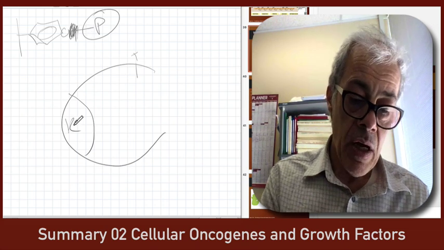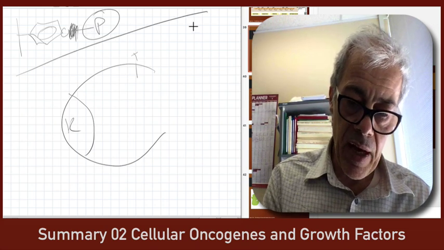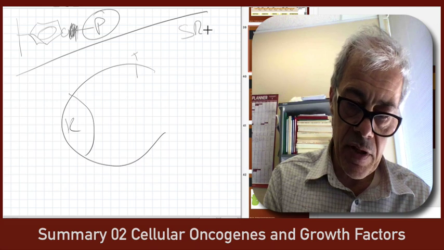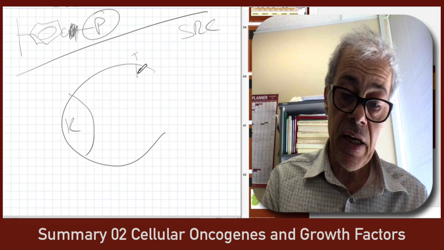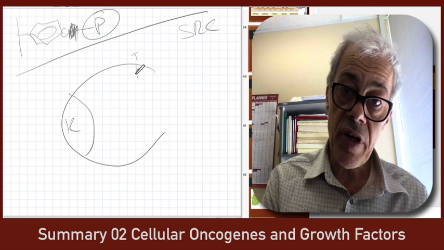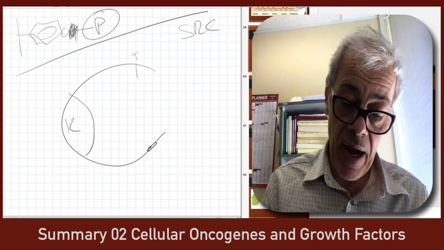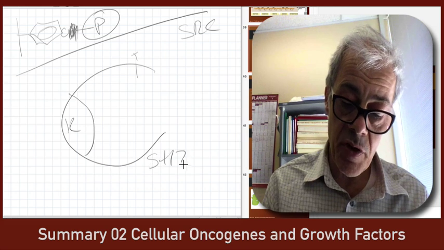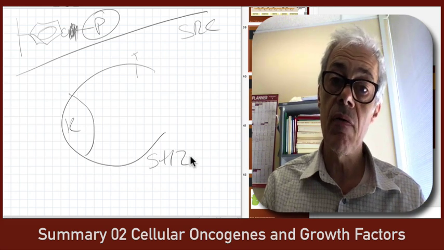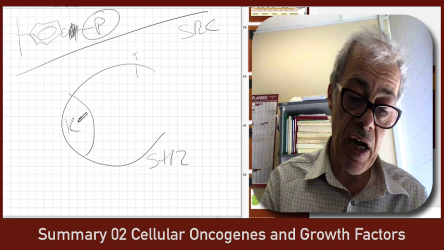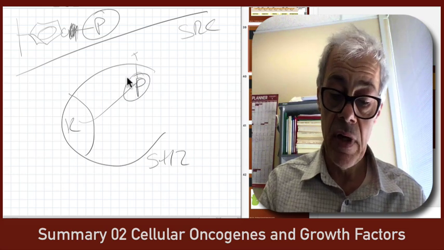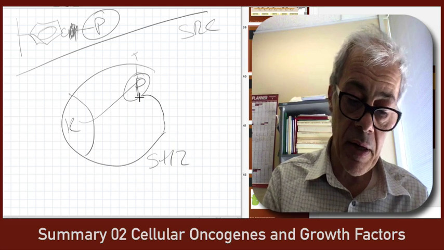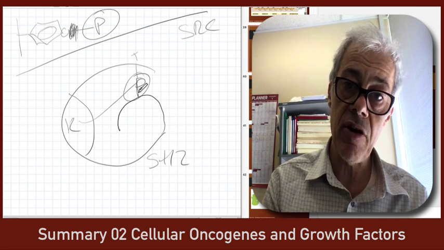Okay, so getting back to our Src protein, it has a tyrosine kinase domain. It has tyrosine residues, and it has a domain called an SH2 domain that can bind to phosphorylated tyrosine. So the kinase can phosphorylate itself, and then the SH2 domain can then bind to the phosphorylated tyrosine.